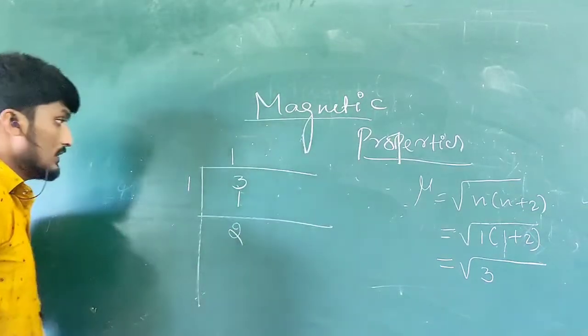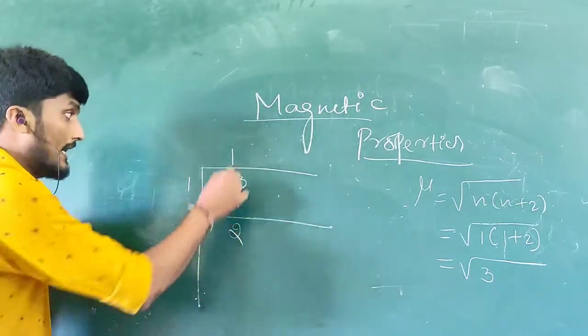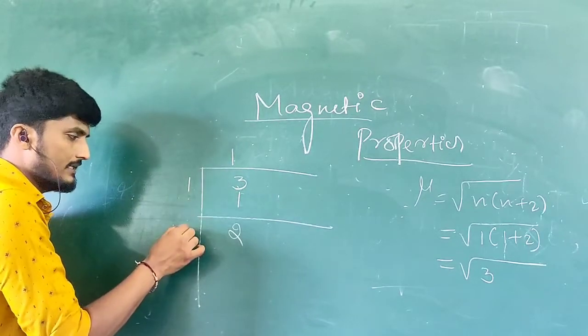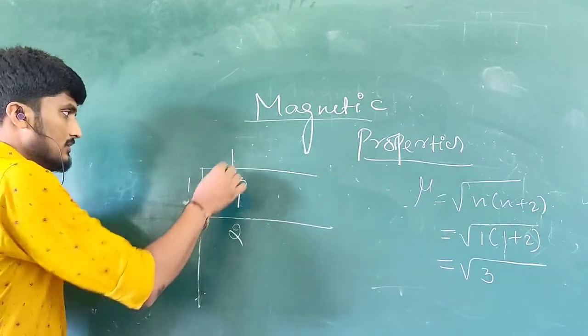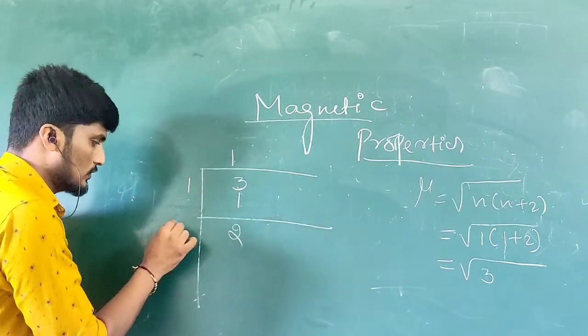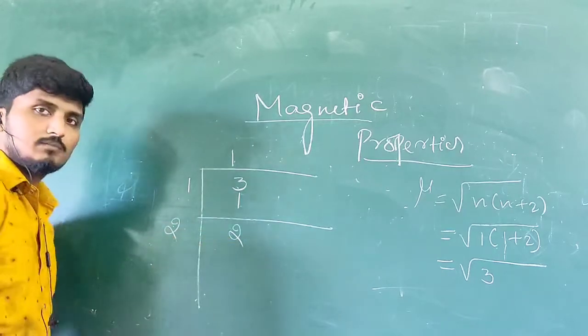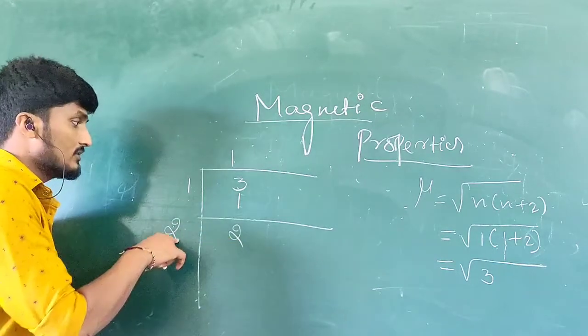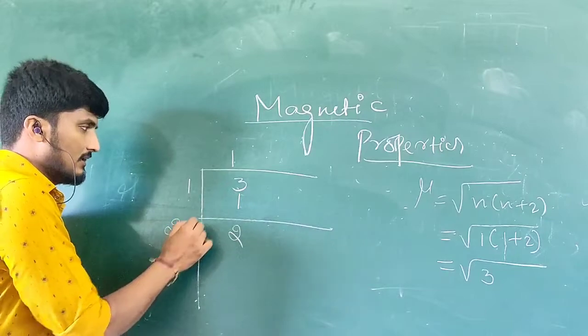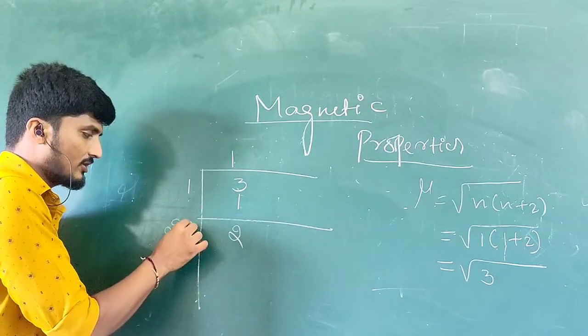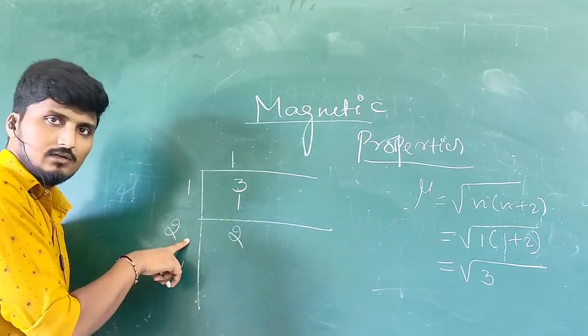Now what you have to do, you need to add these numbers and write here for the second step. So 1 plus 1, 2 is there. Both are equal numbers.